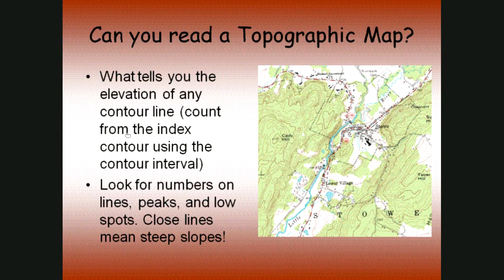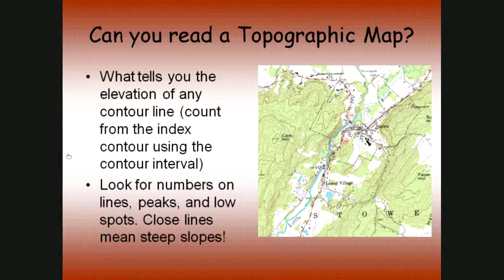There are other things that can help you with those elevations because they often put numbers not only on the contour lines, but also on some of the high peaks as well as the low depressions. And remember, just at first glance, if the lines are close together, it's a steep slope.